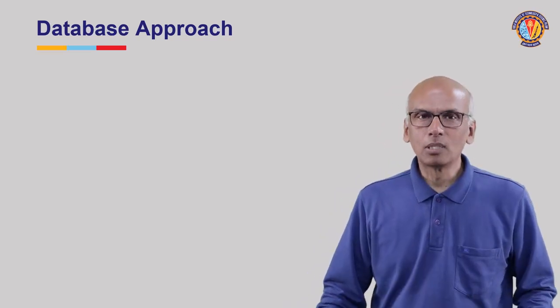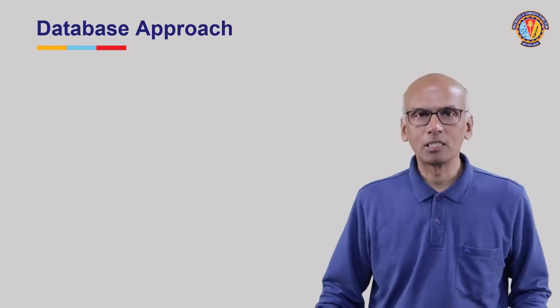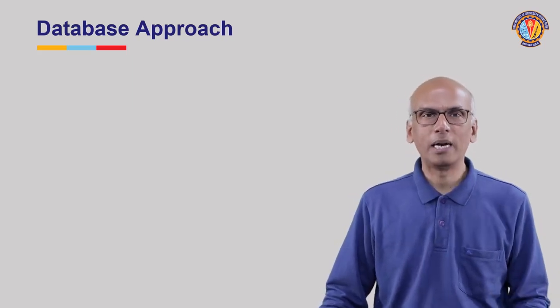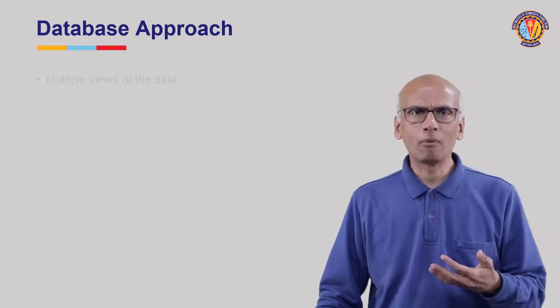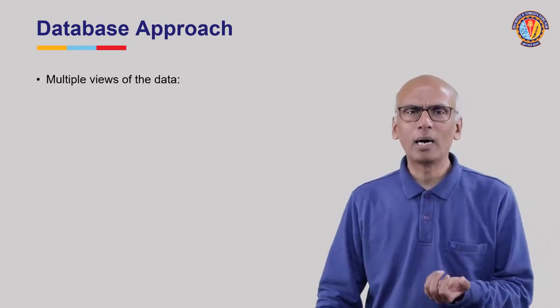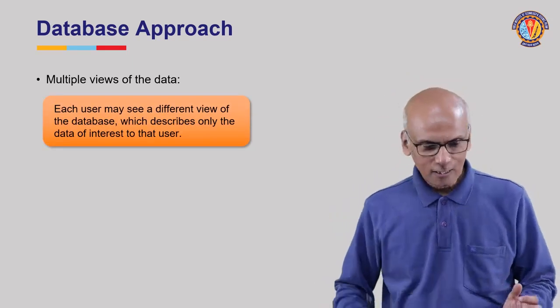When many users are accessing the data, it is possible that they are accessing it for different purposes. They may want to see different parts of the data. So it provides multiple views whereby the users can see only the part of the data that they need to access.